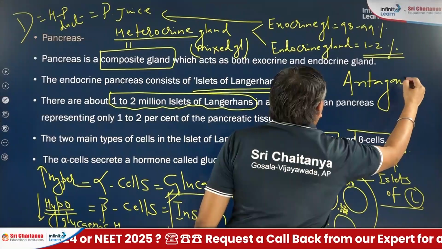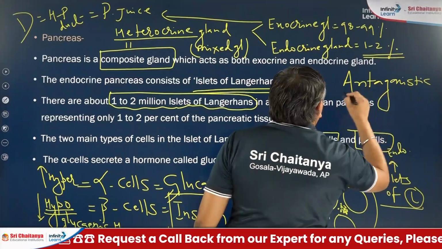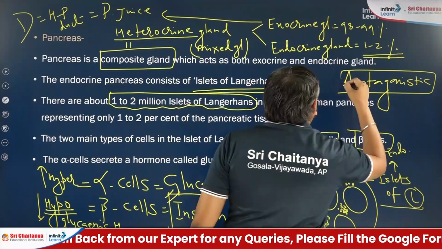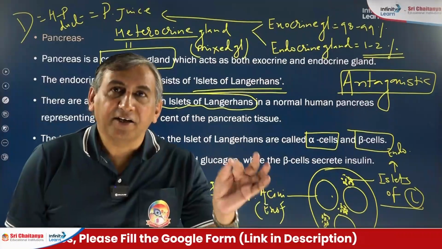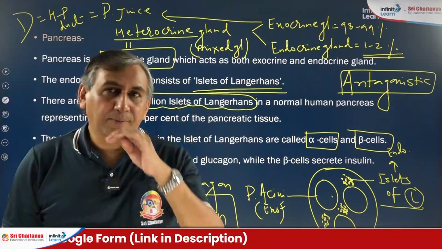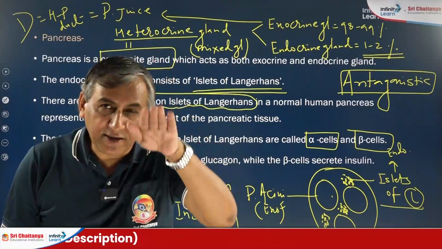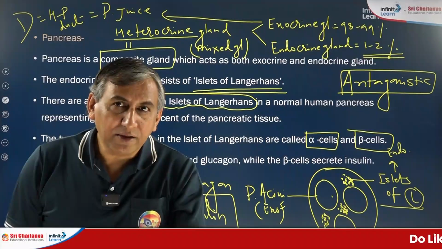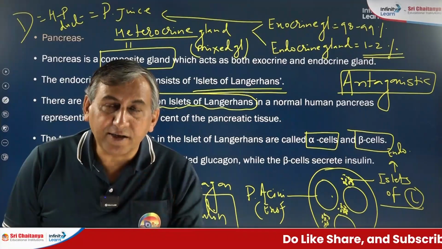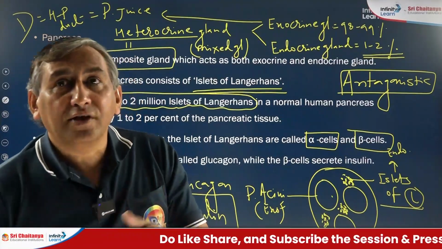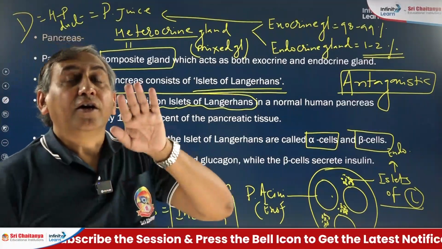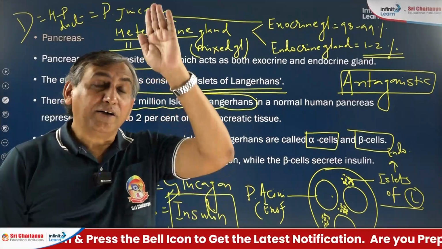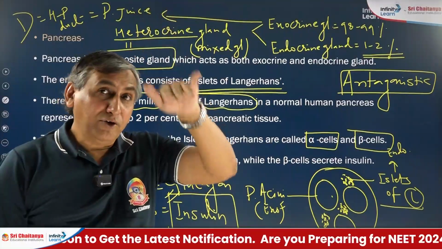Antagonistic. Antagonistic means opposite in function. Insulin decreases the blood glucose level by increasing the utilization of glucose, and the second one, glucagon, increases the blood glucose level by reducing the intake.